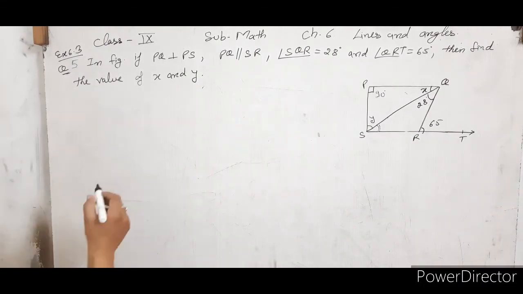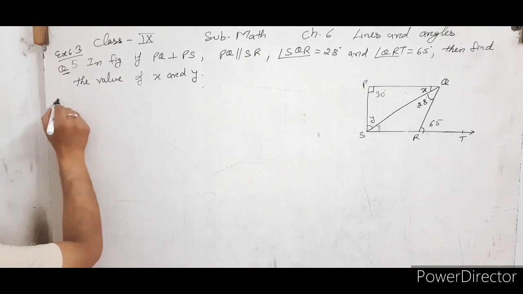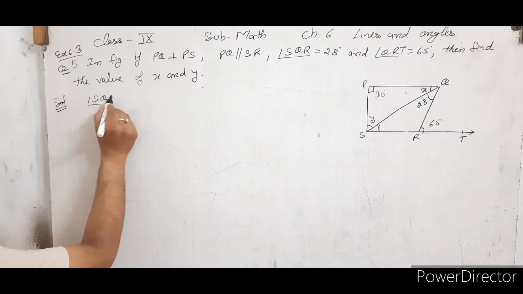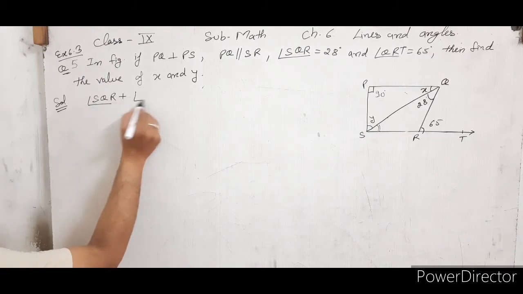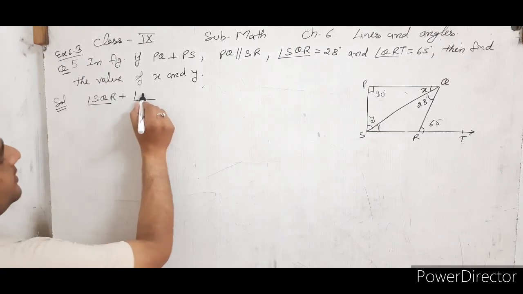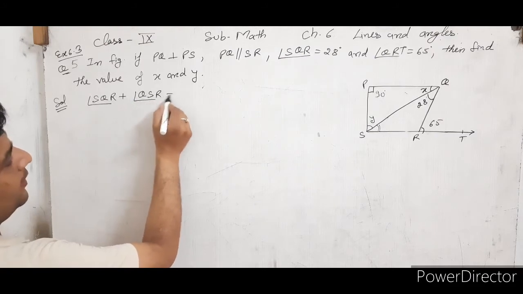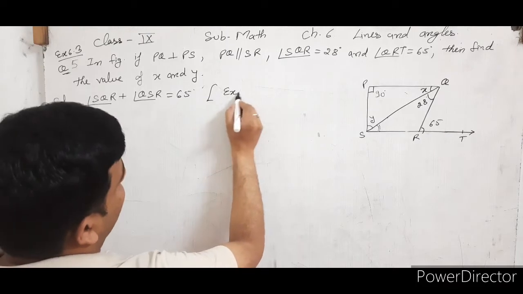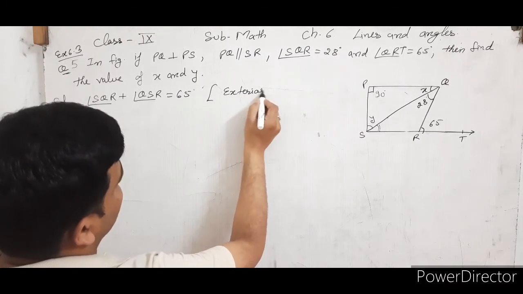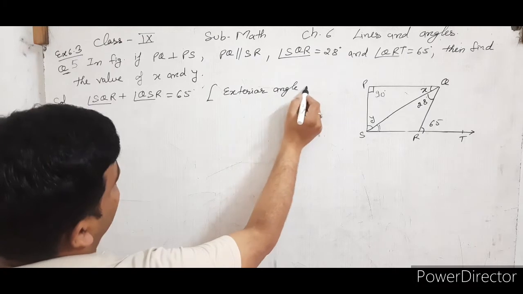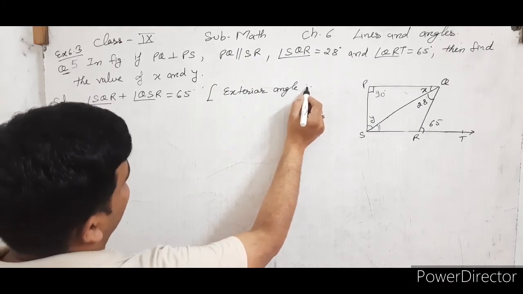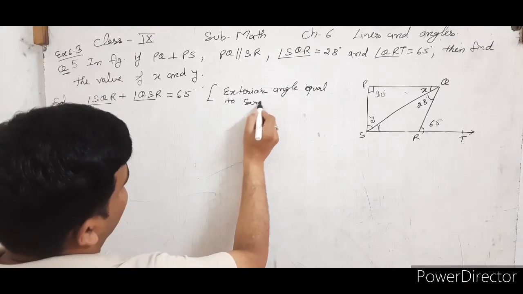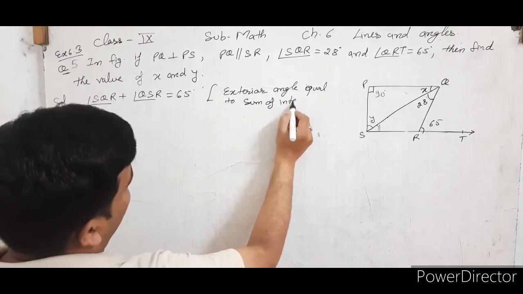First of all, angle SQR plus angle QSR equals 65 because of the exterior angle. An exterior angle is equal to the sum of interior opposite angles.